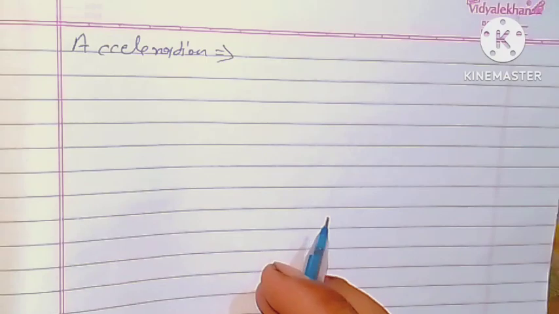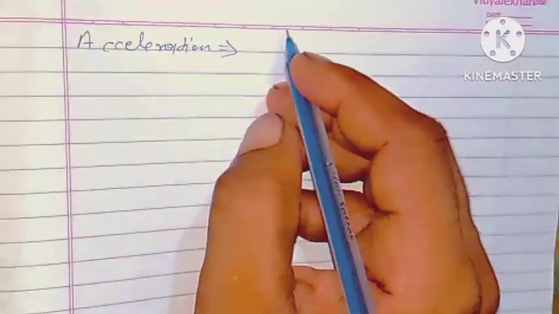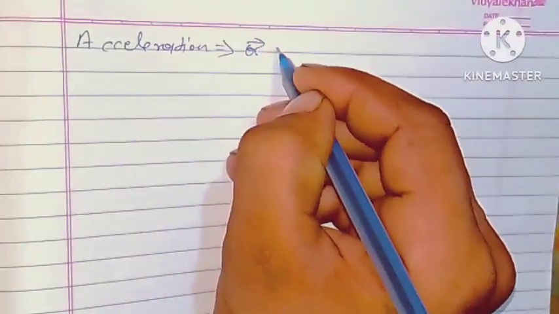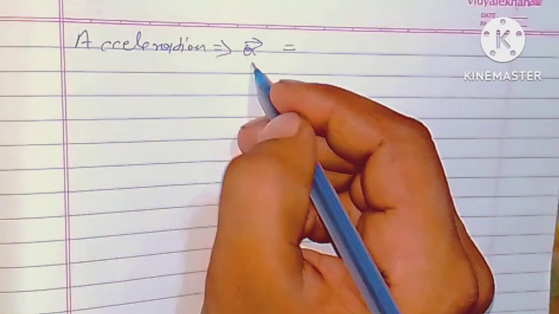Acceleration is the derivative of velocity vector v with respect to time t. Acceleration is denoted by small letter vector a.